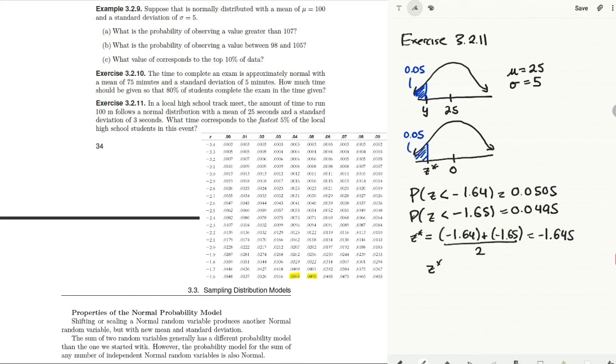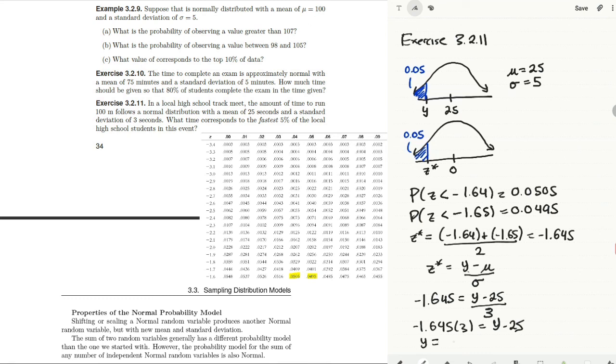And now we can use our z-score formula to determine the value of y. So we have negative 1.645 is equal to y minus 25 all over 3. So negative 1.645 times 3 is equal to y minus 25.